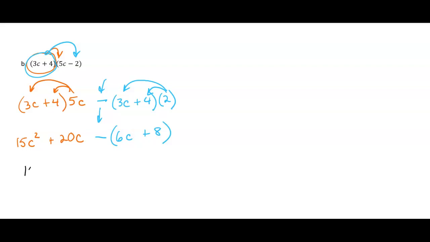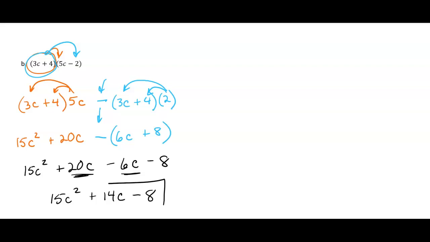But it's going to be 15c squared plus 20c minus 6c minus 8. All right, now the 20c and the minus 6c, those combine. So 15c squared plus 14c minus 8. And that's what we get for that one.